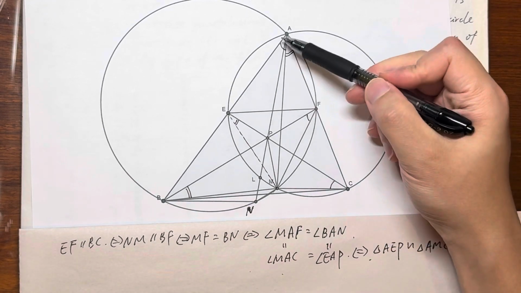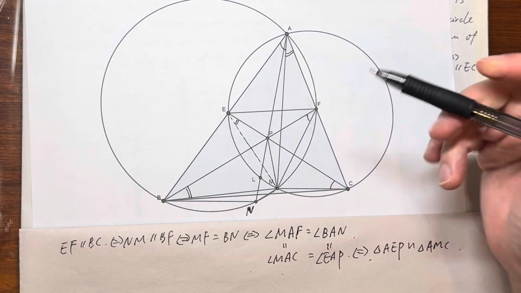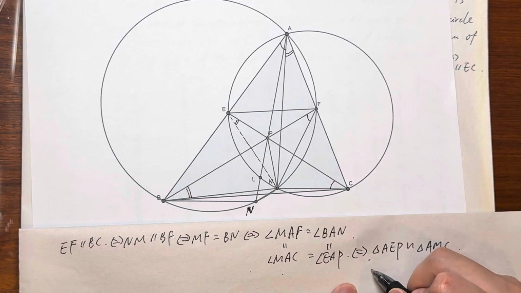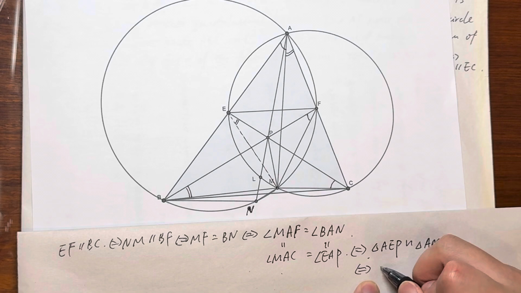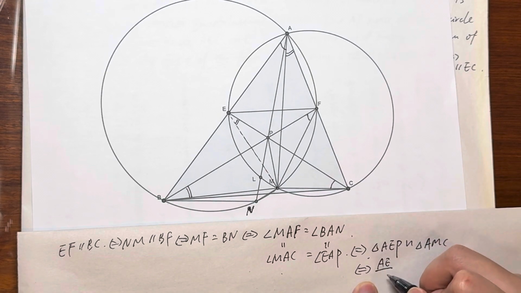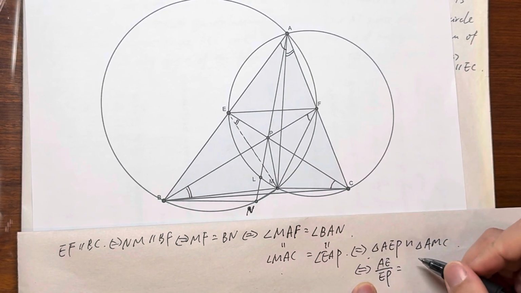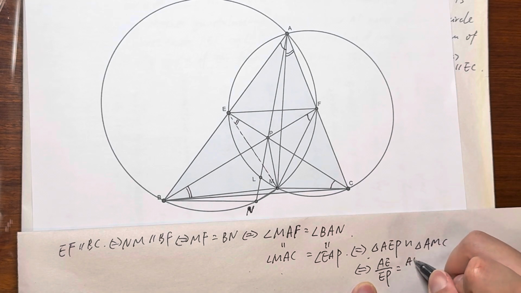And we already know that angle AEP equals angle AMC, which means we just need to prove that AE to EP equals AM to MC.